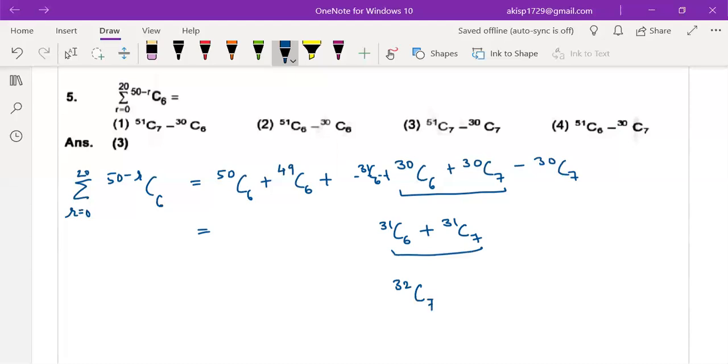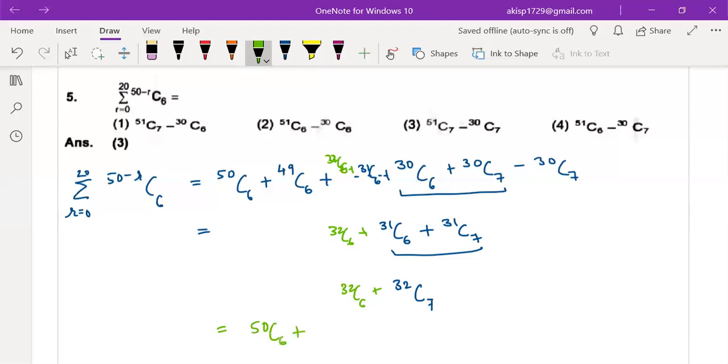But now a term prior to this was 32 C 6. So here also I have a 32 C 6. So you can see that the trend is continuing, and it will continue up to this 50 C 6, isn't it?